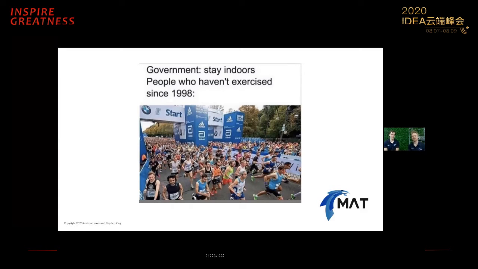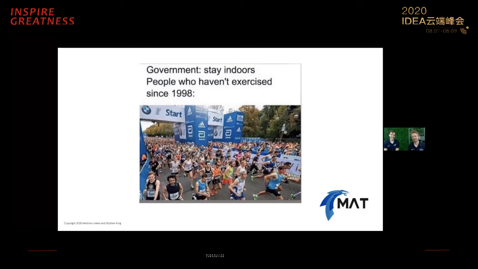For many of us, we have been restricted in the types of exercises that we can perform. And for many people, they have all of a sudden returned to running after a long time of not performing this activity.